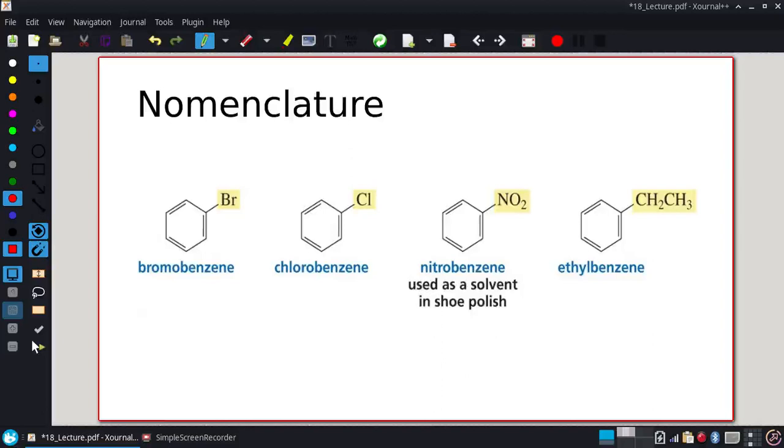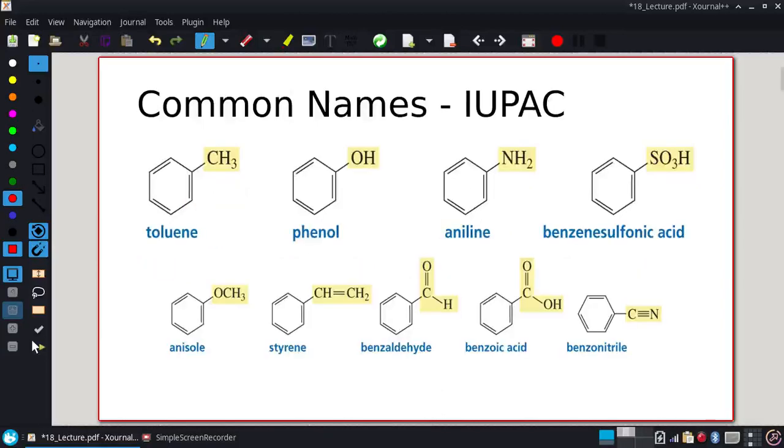When it's not so common, there's a relatively straightforward process, which is what we're seeing here: bromobenzene, chlorobenzene, nitrobenzene, and ethylbenzene. When we get to some of the others, we actually end up changing the name to one of our common names that is actually IUPAC.